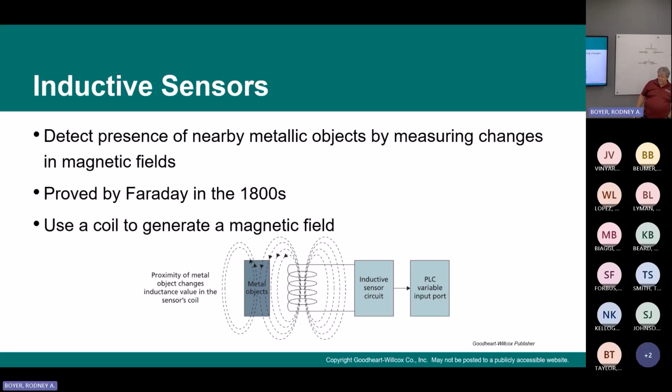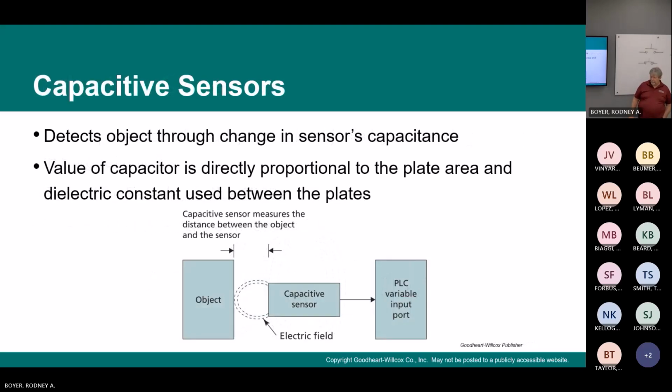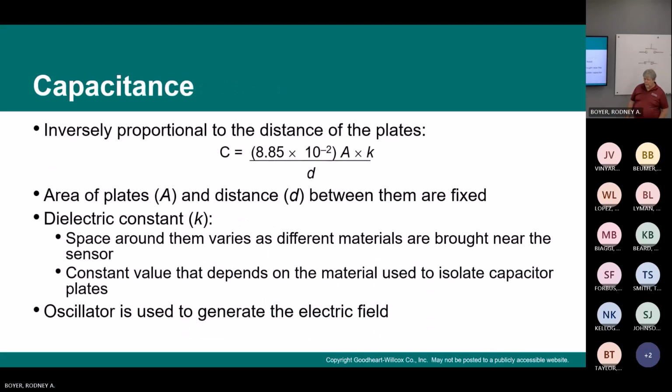It can detect that. Capacitive sensors work basically the same way, only it's done with capacitance instead of inductance. Capacitance is inversely proportional to the distance between the plates. You're going to want to remember that formula.